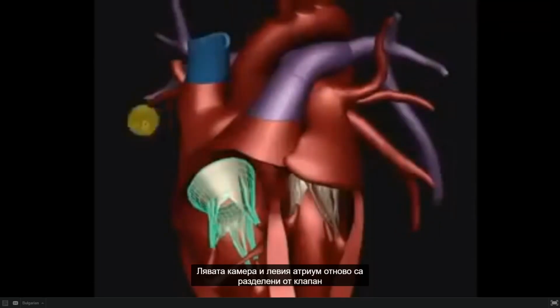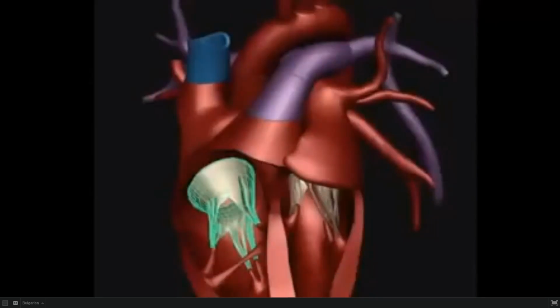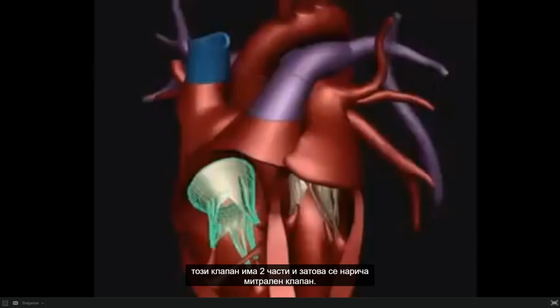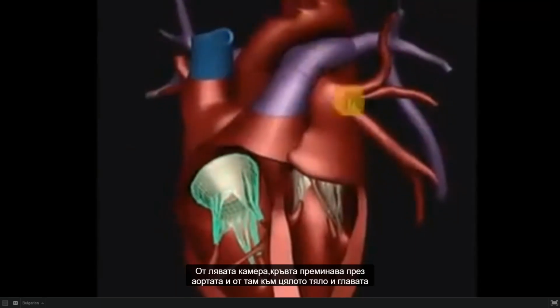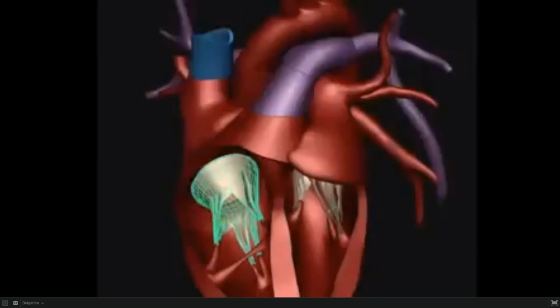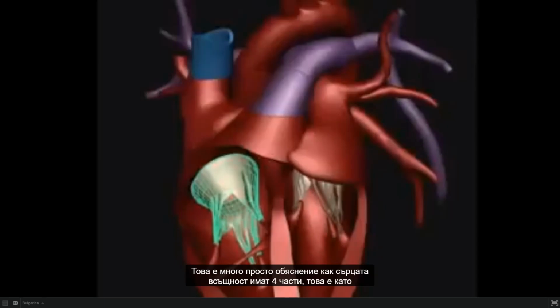The left chamber and left atrium are separated again by a valve. This valve has 2 parts, that's why it is called the mitral valve. From the left chamber, the blood goes through the aorta, and through the aorta to all your body and the head. This is a simple explanation of how your heart has 4 parts.